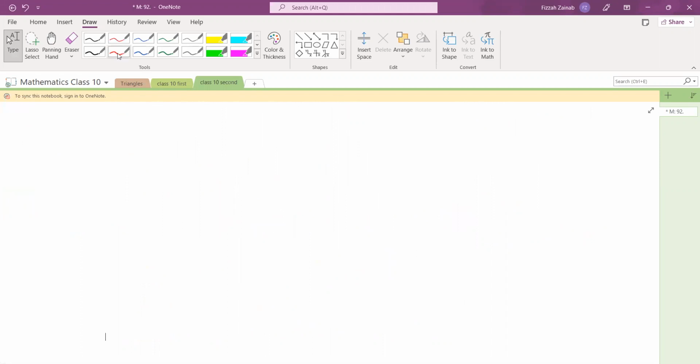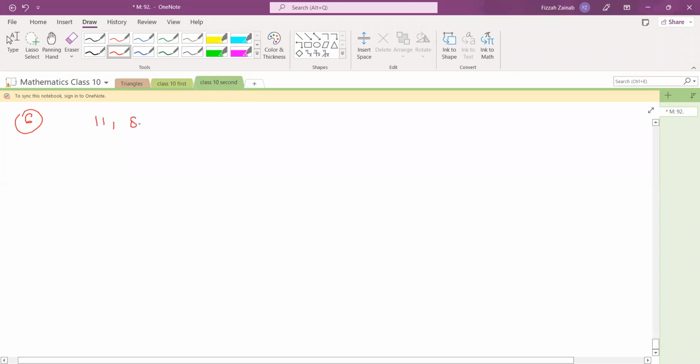Sixth question now. Check whether minus 150 is a term of the AP. So the AP is 11, 8, 5 and 2. So a is 11 and d is 8 minus 11, that is minus 3. You have to check whether minus 150 is a term or not.